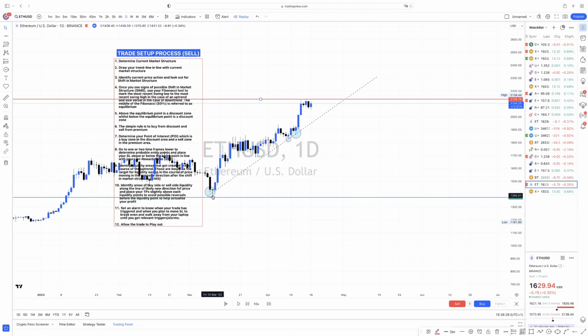So my support is actually this green line at 1374, and my resistance is at 2136. All right.